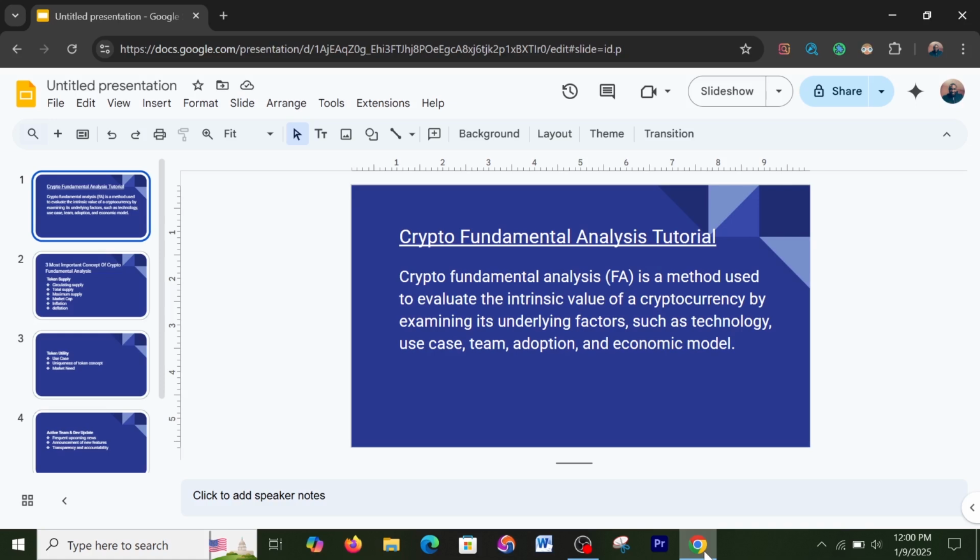So we'll go through an example together, we'll analyze the token on a fundamental level, and we can sprinkle a little bit of technical analysis to it just to spice it up to get the best point of entry for the token and everything.